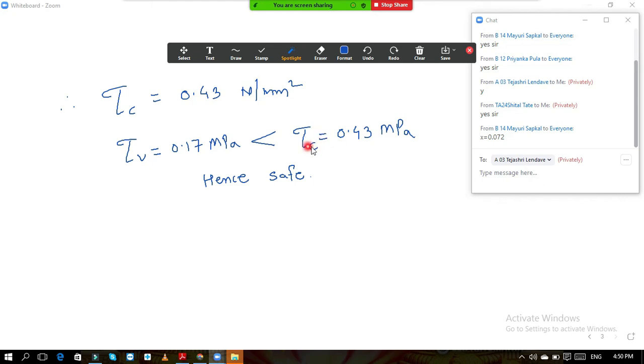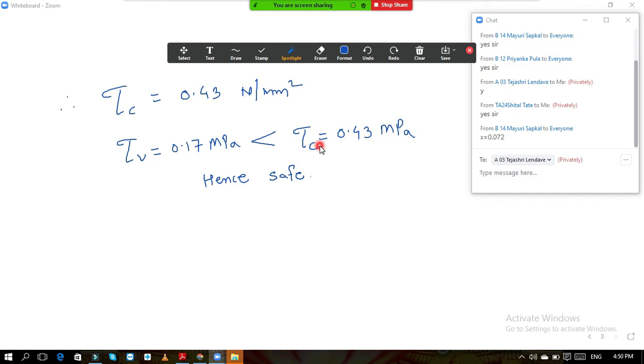So tau c is the permissible shear stress. In any case, your nominal shear stress should not exceed the permissible shear stress. Remember this. If it exceeds the permissible shear stress, then your slab will fail in shear.